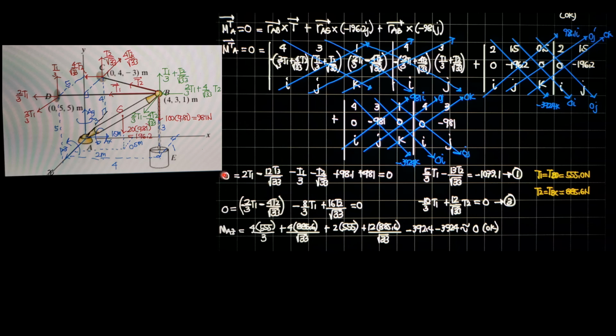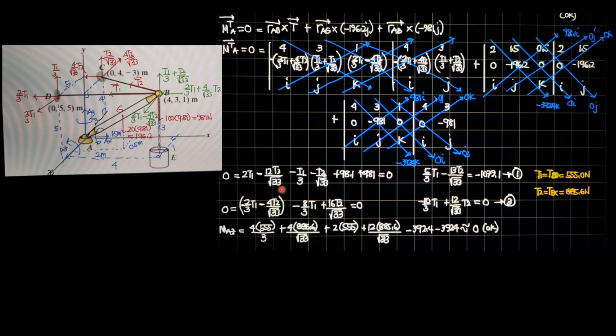So 0, because the moment of the resultant of these two forces and the weights about A is 0 in general. So this is i, so MAx is 0. So again, 3 times 2/3 T1 is 2 T1. Then 3 times negative 4 T2 over square root of 33, that's negative 12 T2 over square root of 33.